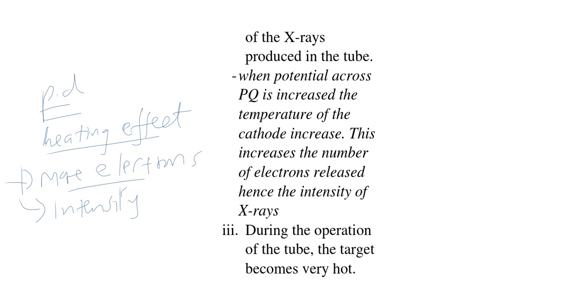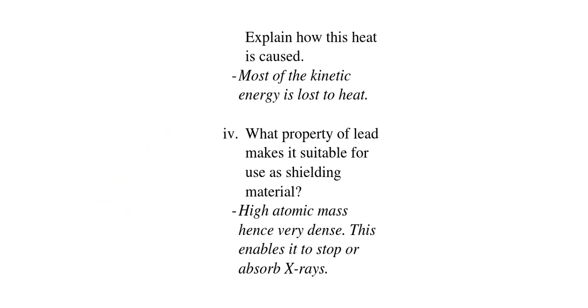Then Roman 3, during the operation of the tube, the target becomes very hot. Explain how this heat is caused. The heating effect that is observed in an X-ray tube is because of the kinetic energy being transformed to heat energy.